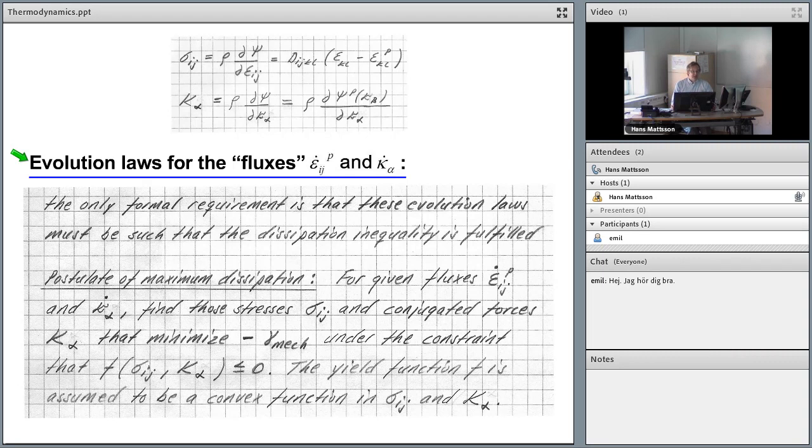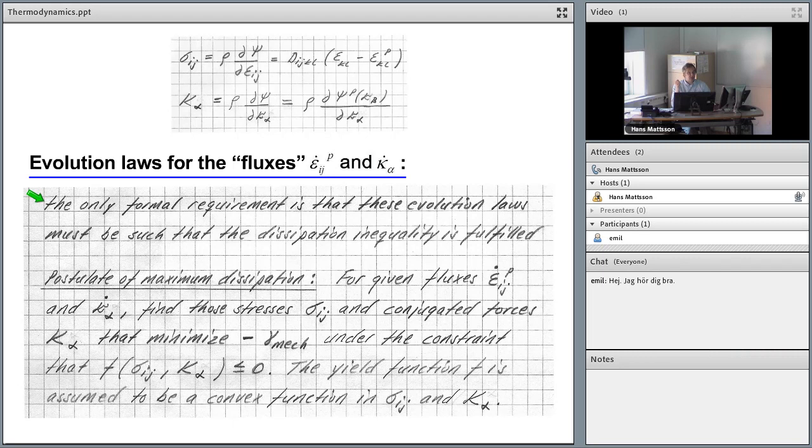The next step is evolution laws for the fluxes here. We have an increment of the plastic strain tensor and an increment of the internal variables here. And the only formal requirement is that these evolution laws must be such that the dissipation inequality is fulfilled.